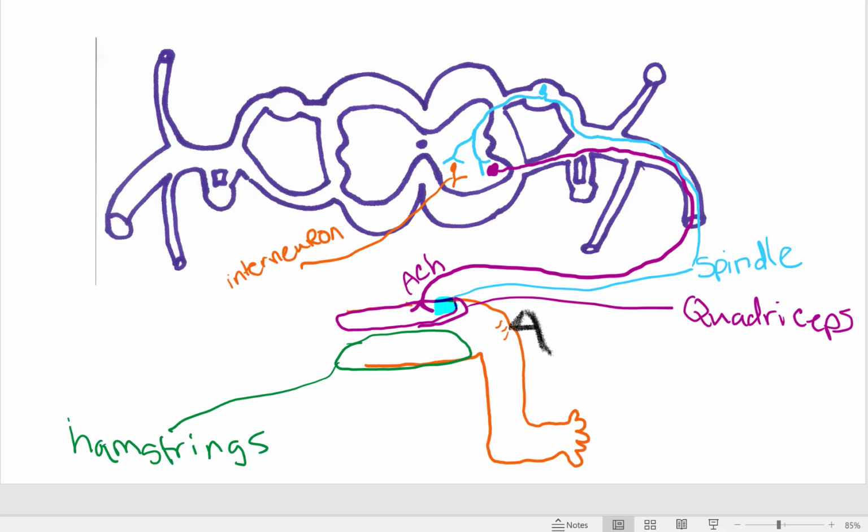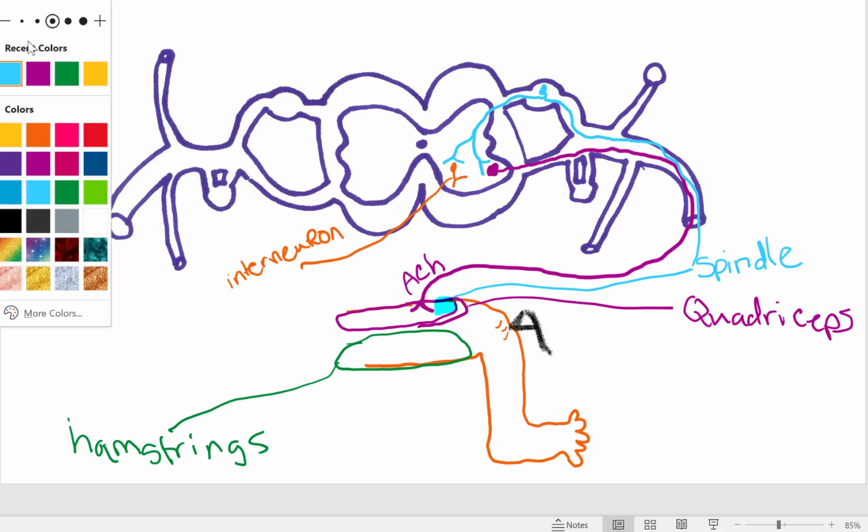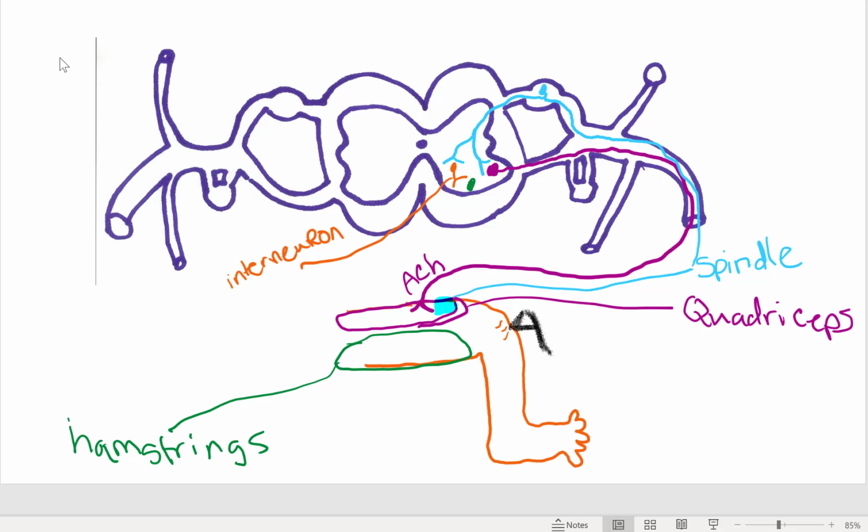And that interneuron would in turn synapse on a somatic motor neuron that innervates the hamstring group.